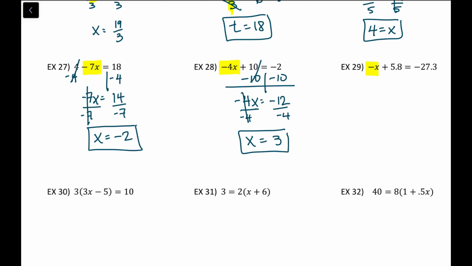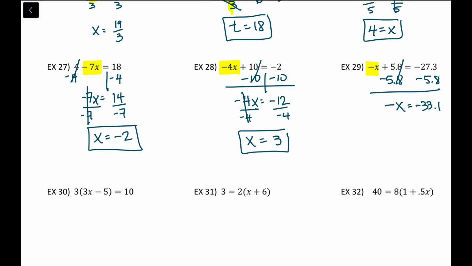Here's my x term. I also see a plus 5.8, so I'm going to minus 5.8. So that's going to leave me a negative x on the left, and negative 27.3 minus a 5.8 is a negative 33.1. And we've had one of these before, a negative x.